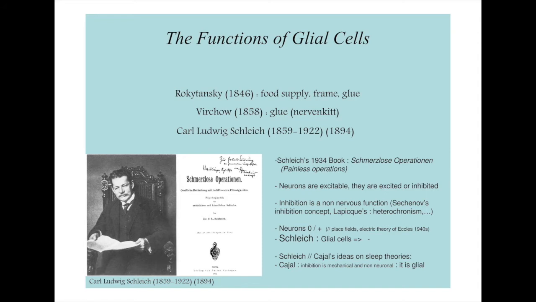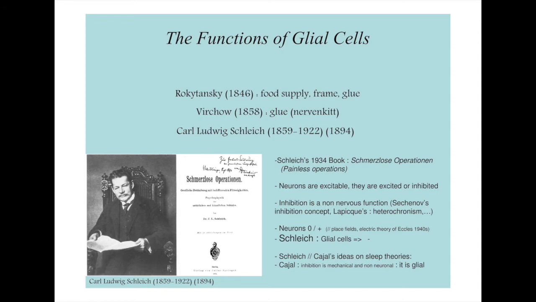Carl Ludwig Schleich was a German physician concerned with painless surgery. He was convinced brain mechanisms were either excitatory or inhibitory, in agreement with 19th century brain theory on inhibition and in agreement with the work of Ivan Sechenov in particular.